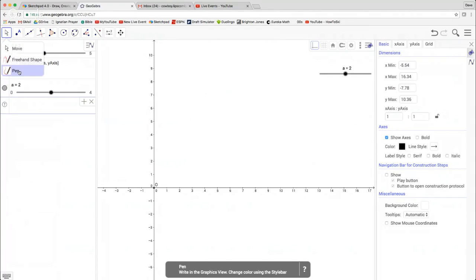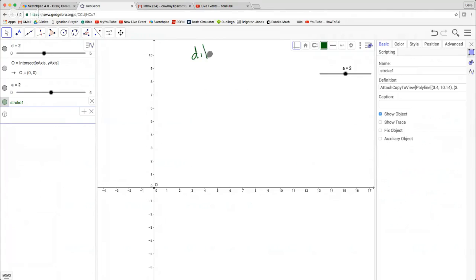So what we're going to do first is dilate, let's do it with a pen, a triangle. We're going to dilate a triangle and we're going to shrink it. So think about that. If we shrink it, that means our scale factor is what?